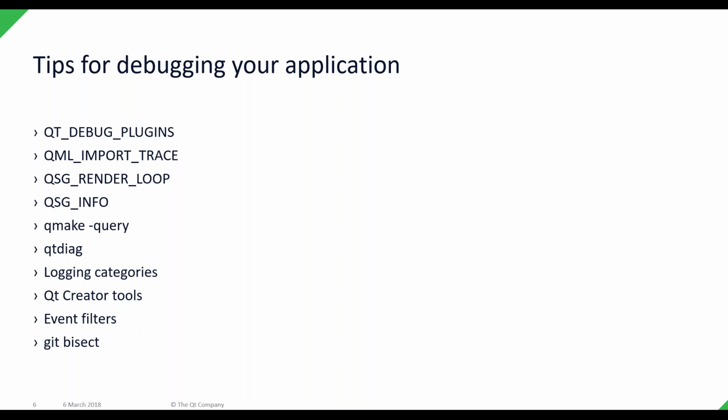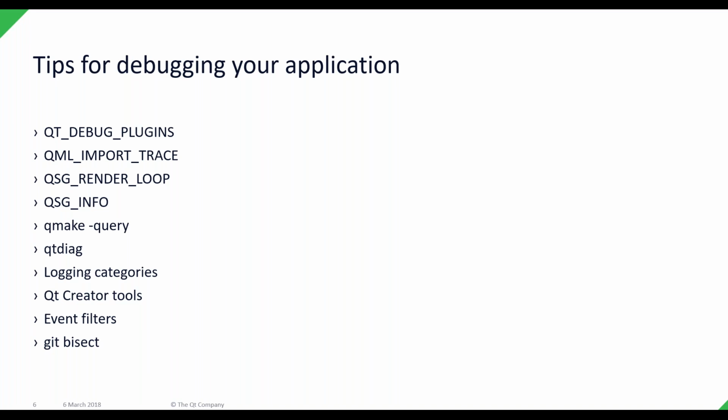We also have ones for Bluetooth and Scene Graph and some of the other modules. Unfortunately, they're not all documented at the moment. There's no definitive overall list, but if you check the documentation for the modules you're using, you can see which categories are available. And of course, we are endeavoring to update the documentation in this respect too.